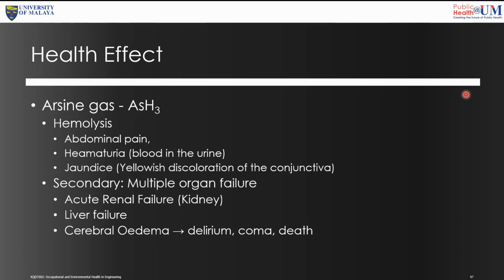Secondary, you get multiple organ failure like acute renal failure because of the hemolysis, and liver failure, and it also leads to cerebral edema of the brain, and it leads to delirium, coma, and leads to your death.